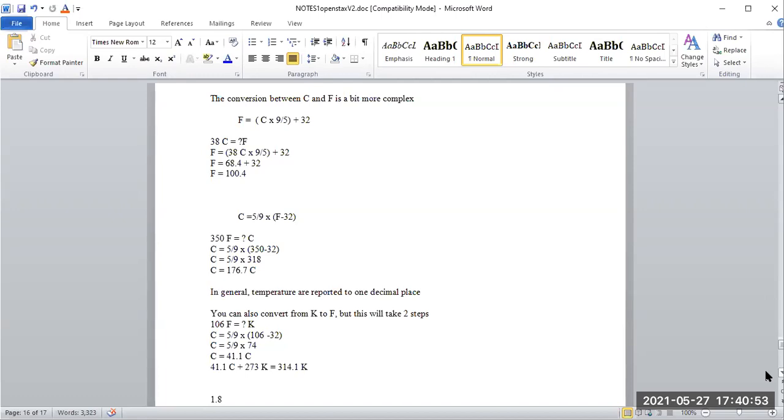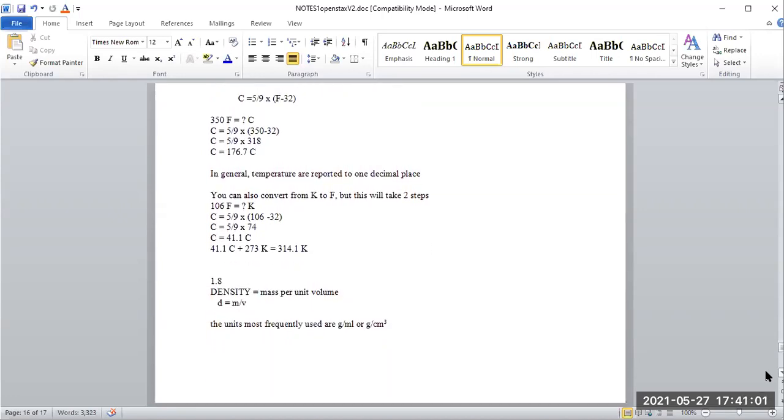Now, what if you had to go more than one step? Sometimes you might have to convert all the way from Fahrenheit to Kelvin or back. Do it in 2 steps. Okay, the two have to be done as kind of like 2 separate parts to the equation.